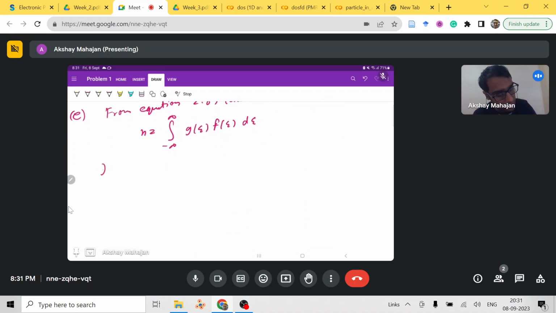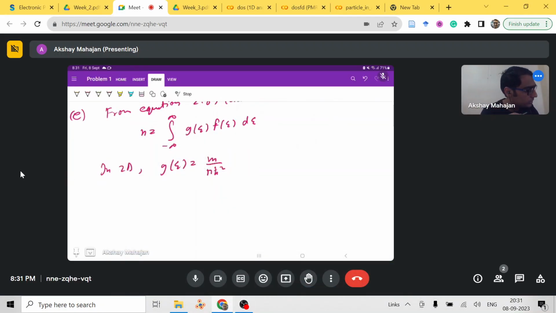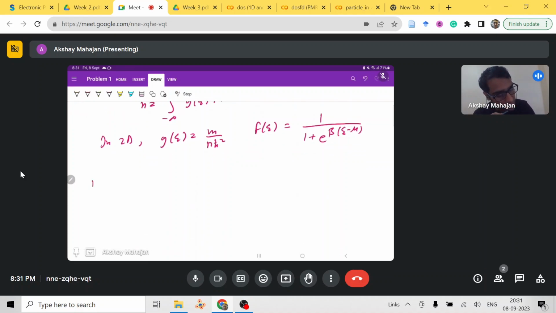Now in 2D we have g of epsilon equal to m upon pi h bar squared, and f of epsilon equal to 1 upon 1 plus e to the power beta times epsilon minus mu. So we have the integration from 0 to infinity, because the energy values are defined from 0 to infinity.